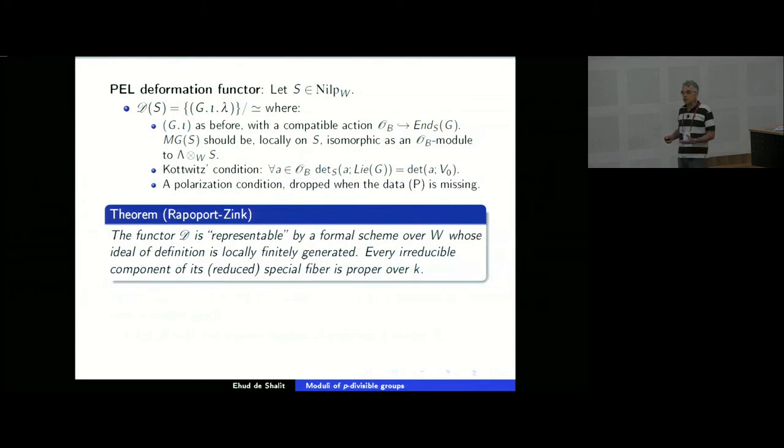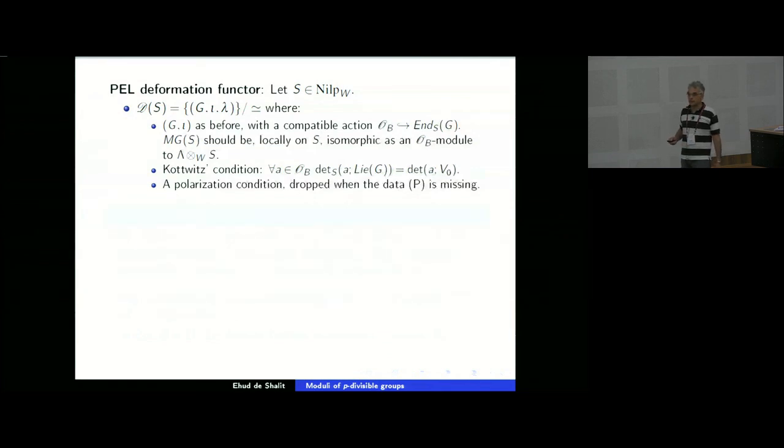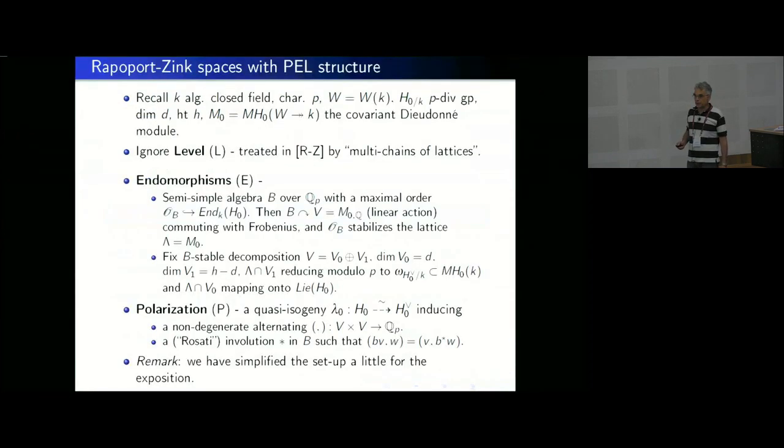So you have a model for this action given by this V0. Remember, V0 was this arbitrary splitting of V, but that reduced to the Hodge filtration mod p.